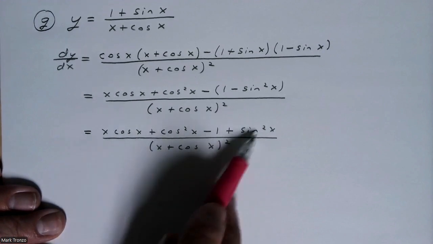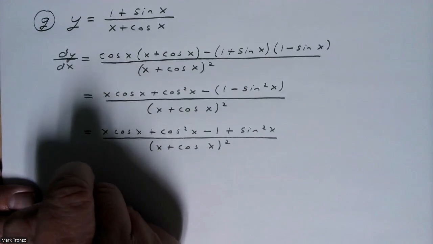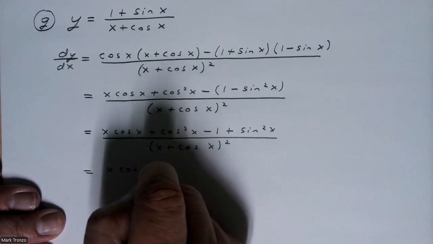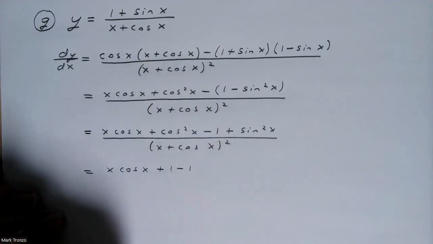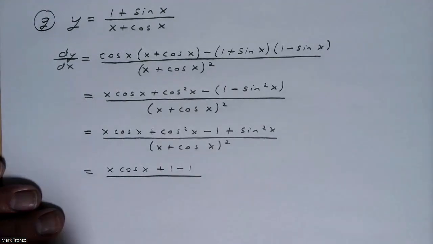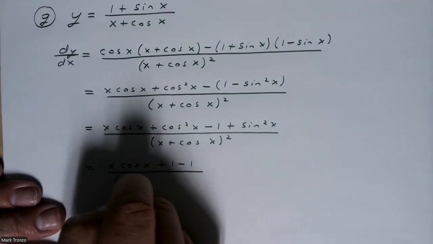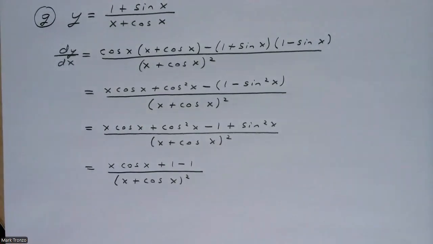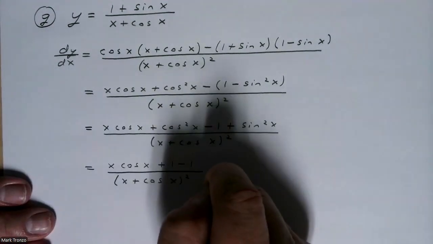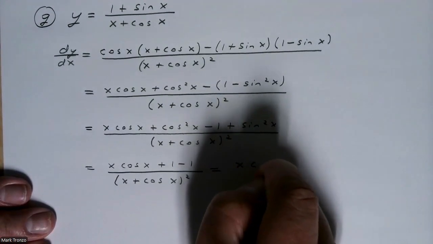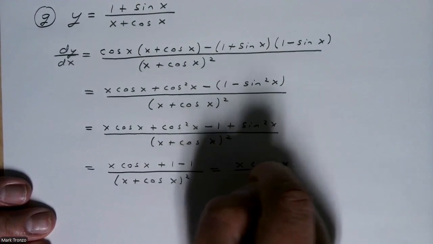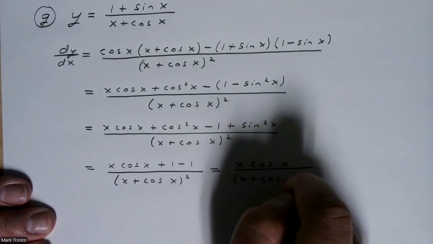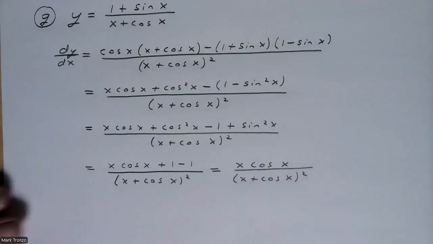So when we add this and this, we're going to get 1. And then we're going to have 1 minus 1, 1 plus cos x squared, like that. This will be x cos x divided by x plus cos x squared, like that.